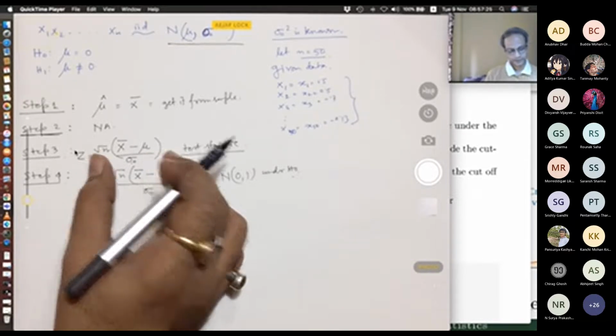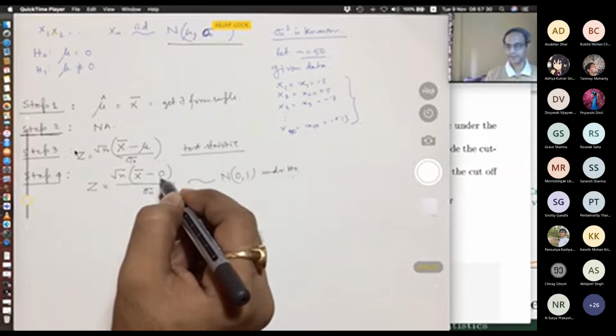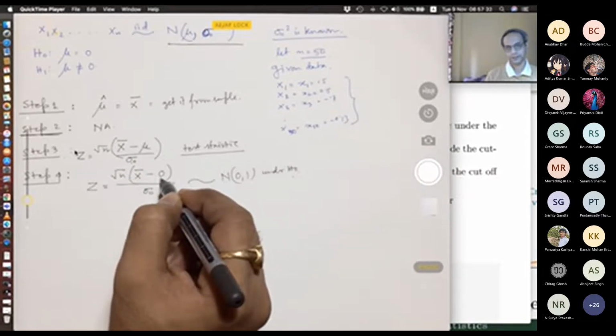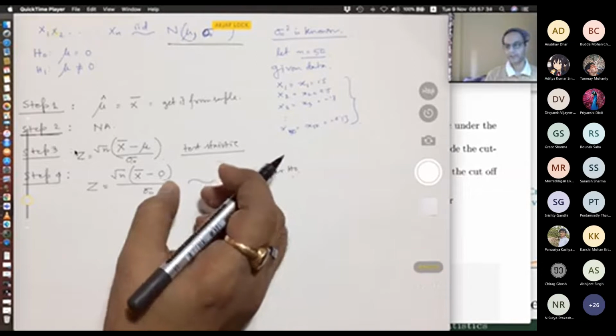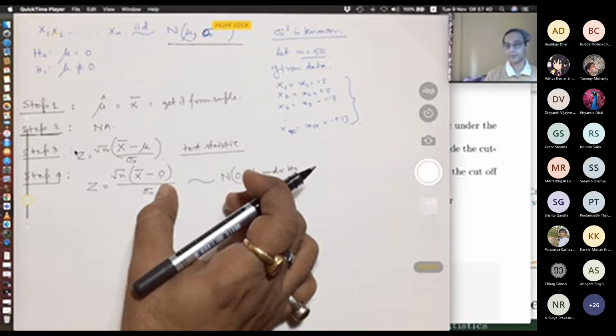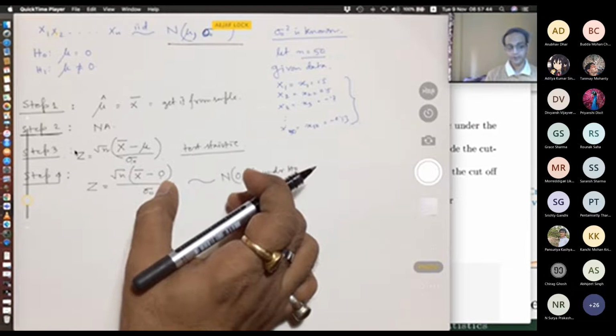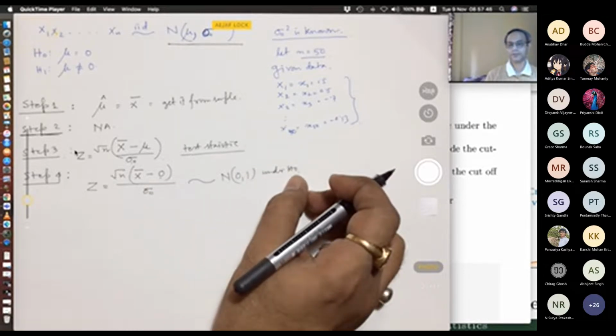But you are replacing mu by the parameter specified by the null hypothesis. Now you cannot guarantee that it will follow normal 0, 1 in any circumstances. It will follow normal 0, 1 only when the null hypothesis is true. That means the data are coming from the null hypothesis.